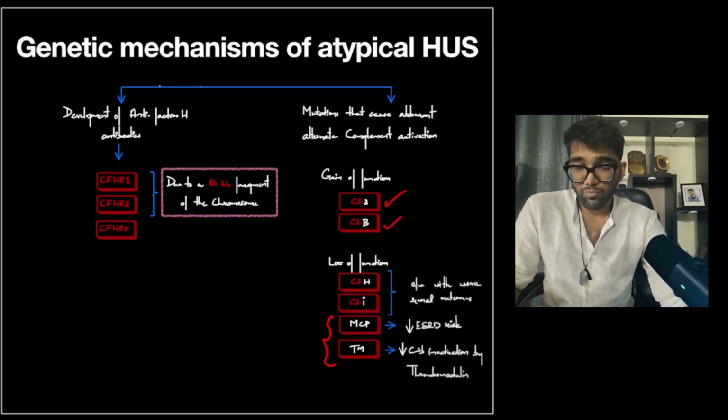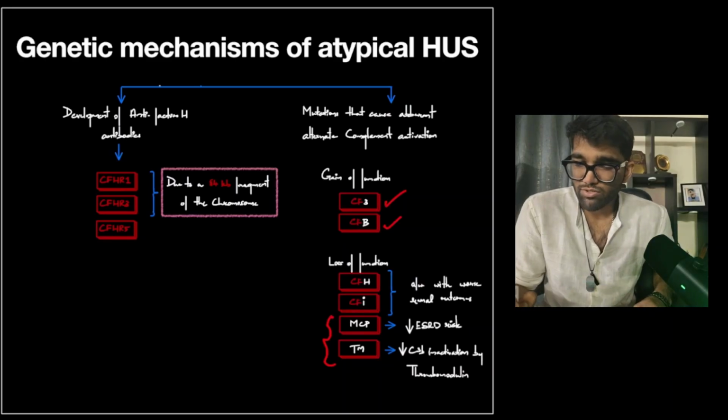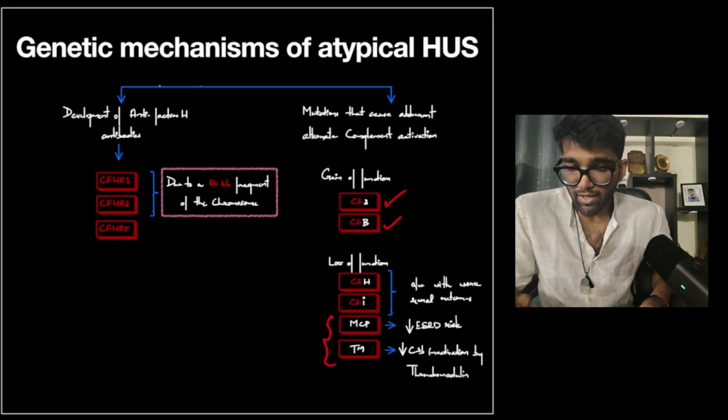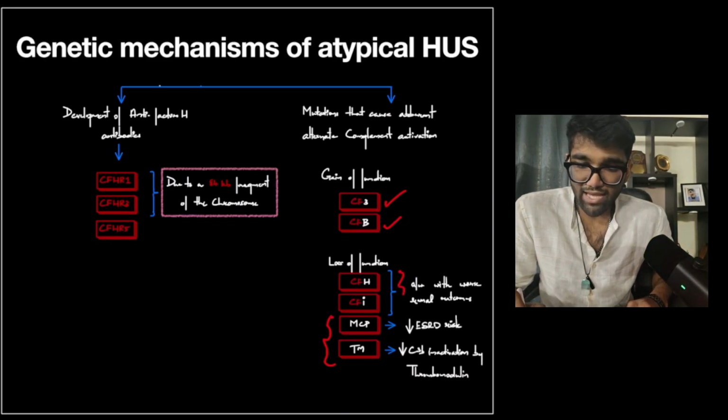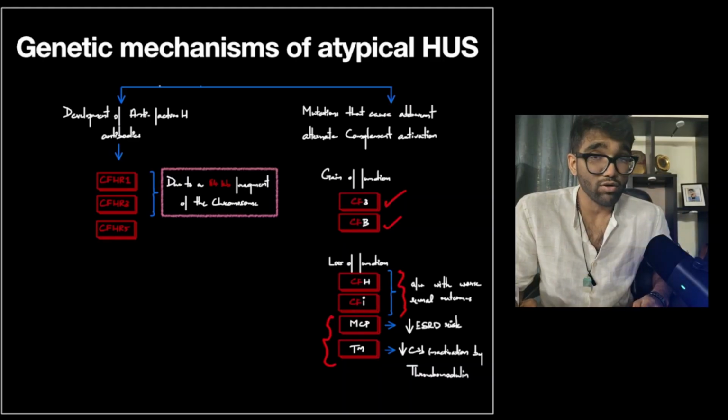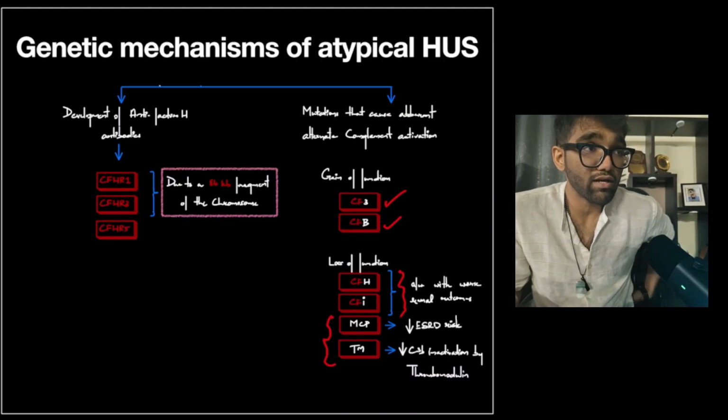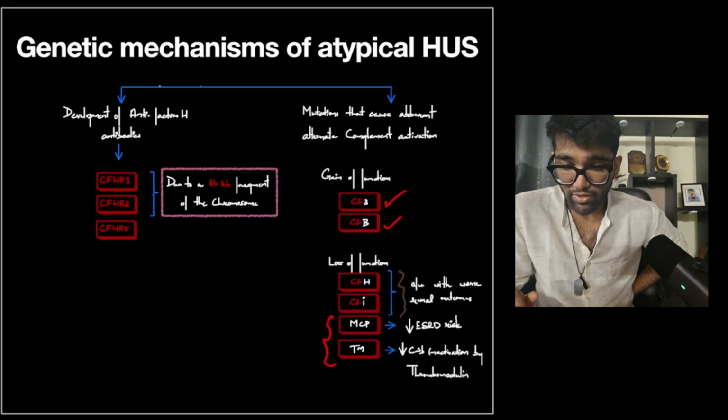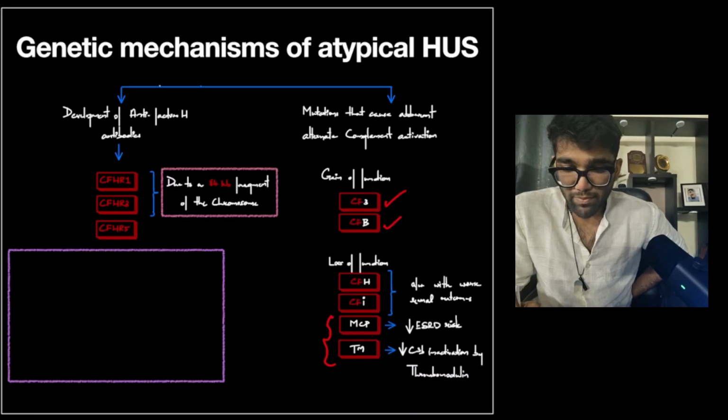Okay, now there are some clinical associations of these that have been mentioned. H and I are the ones that have the worst renal prognosis. These patients often require renal transplantation, and even in the transplanted kidney, there is recurrence. Okay, as we discussed previously for C3GN. Now, MCP has got a slightly better renal prognosis.